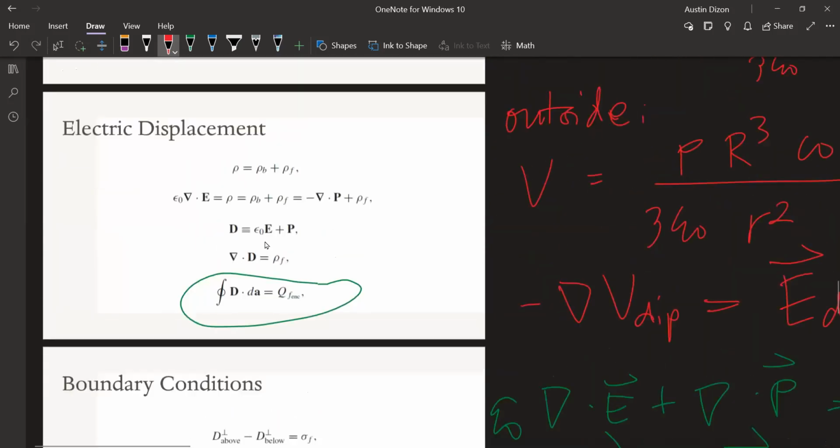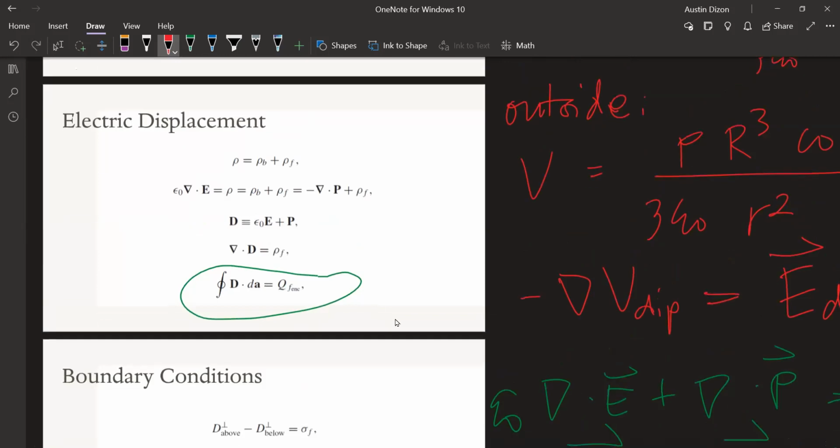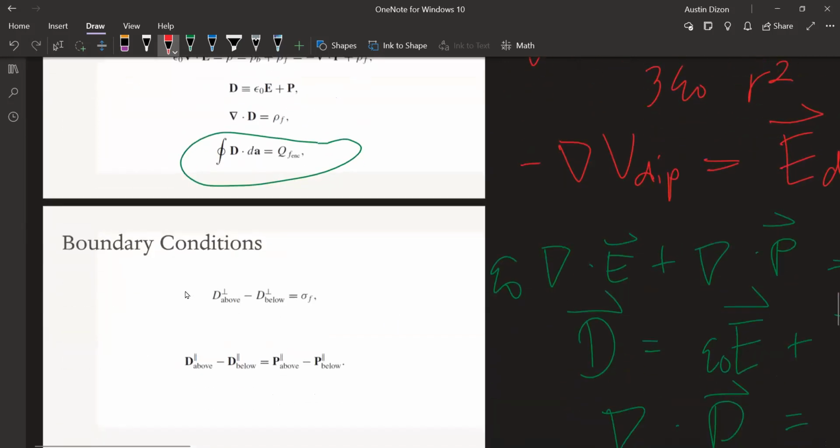Parang sa mga naunang lesson lang din, merong boundary conditions for your dielectric displacement. Kapag tumawid ka ng surface, the discontinuity is given by sigma F. So the free charges ay yung difference mo.